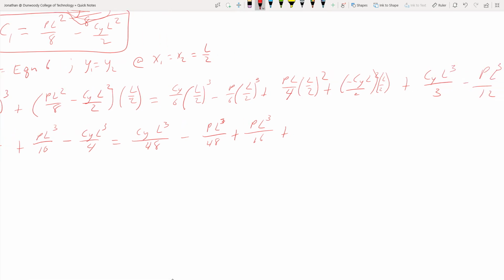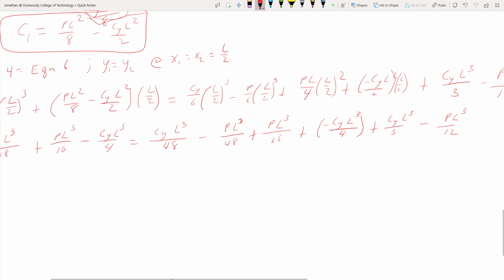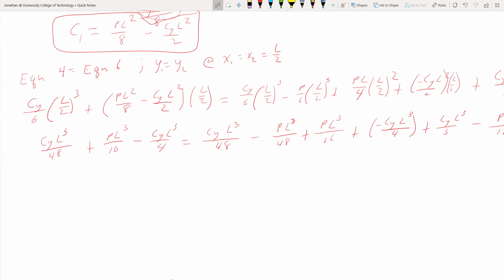We get negative CYL cubed over 4 plus CYL cubed over 3, so it'll be the same terms, minus PL cubed over 12. Alright, there's that crazy monster. What do we get here? So we get a bunch of PL cubed terms, we get a bunch of CYL cubed terms, and I think we'll just work on comparing those two together.